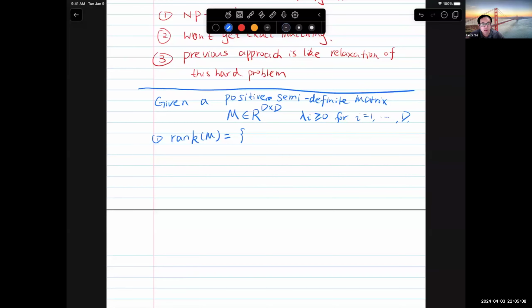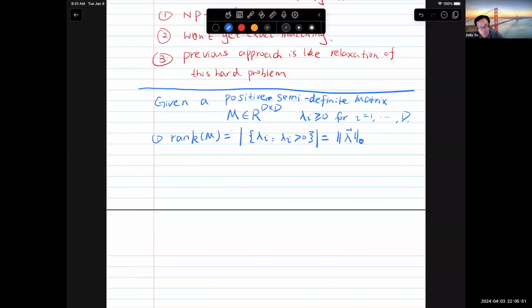That means I'm counting the cardinality of lambda i such that lambda i is strictly positive. You can think of it as the zeroth norm of lambda if we treat lambda as a vector. So these two are equivalent: the rank of that positive semi-definite matrix and the zeroth norm of its corresponding eigenvalues.